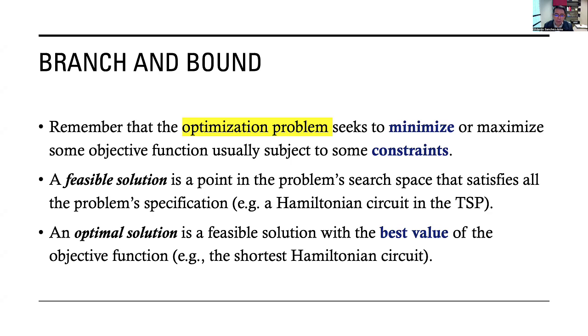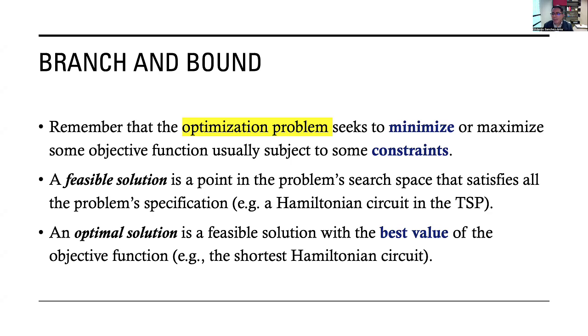The first one is going to be called the feasible solution. We are going to have a feasible solution when we find a point in the search space of my problem such that it satisfies all the specifications of the problem.